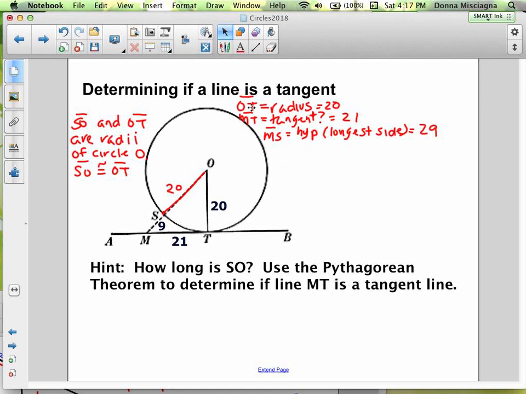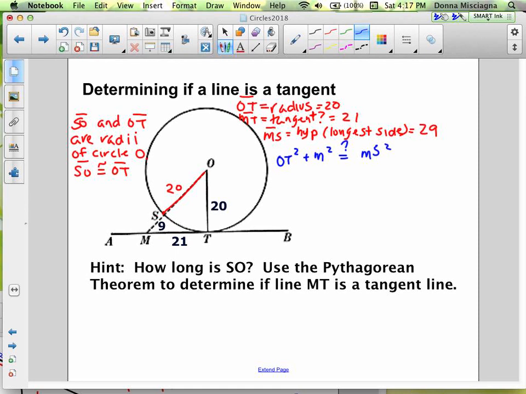All right. So we have OT squared plus MT squared. Does that equal MS squared? Do we have one that works out? So that would be 20 squared plus 21 squared equals 29 squared.